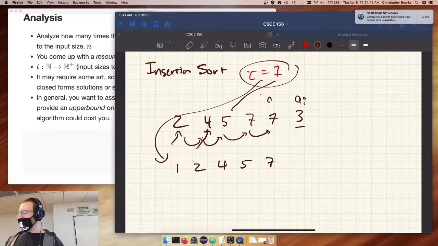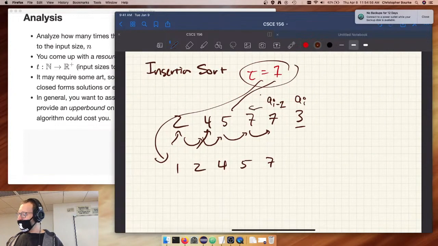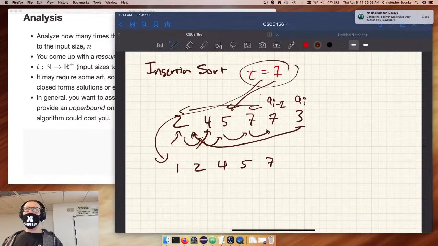I'm looking at a sub i minus 1. So j will start at i minus 1. And it'll go down. Right? But it doesn't always go all the way down, does it? In fact, here, 3 will end up getting inserted right here, right? So I'm going to stop short when the temporary variable here is where it needs to be.